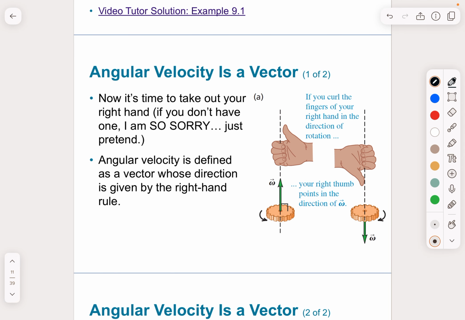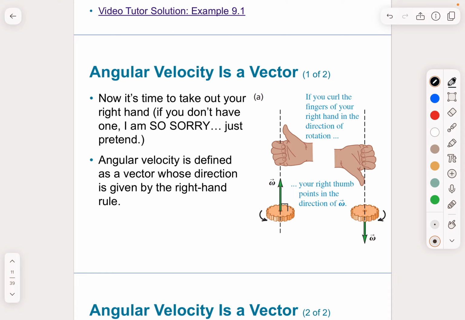So, obviously the positive rotation would be counterclockwise and the negative rotation would be clockwise, and one's positive and one's negative. So take out your right hand, and now you're going to learn the first of many right hand rules, okay?